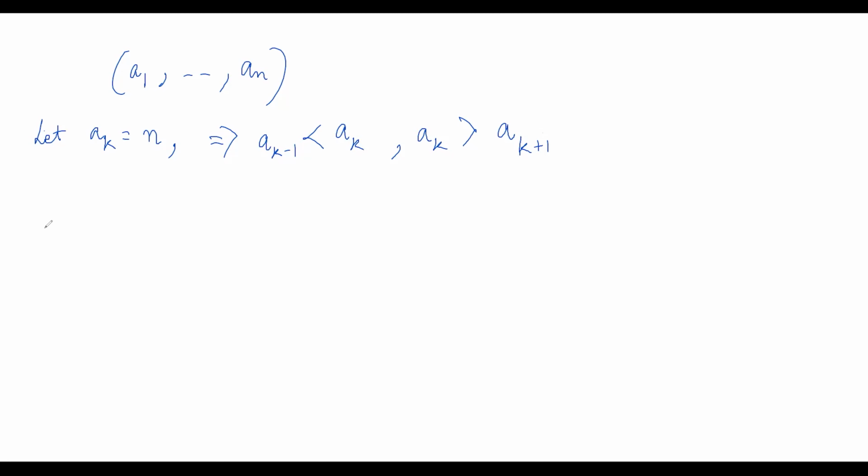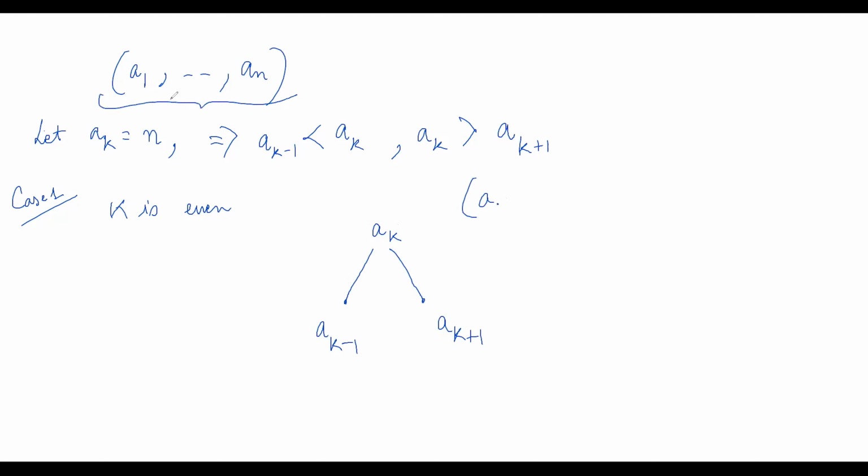Okay, fine, but now we'll consider two cases. Case 1, when k is even. So if k is even, then let's again go back to the diagram. a k minus 1, a k plus 1, and now notice that the whole thing is an alternating sequence from a1 to an.